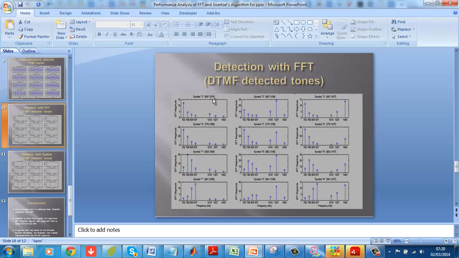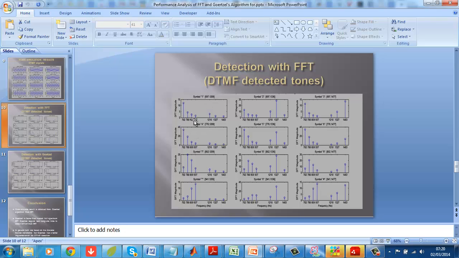But the next frequency is 1209, which is around here. But if you observe, there is another one that is a little bit high. In this detection, what we are interested in is the high amplitude, the frequencies with high DTMF magnitude. So this is the tallest, and we can say this one is one of the frequencies, which is correct, 697.